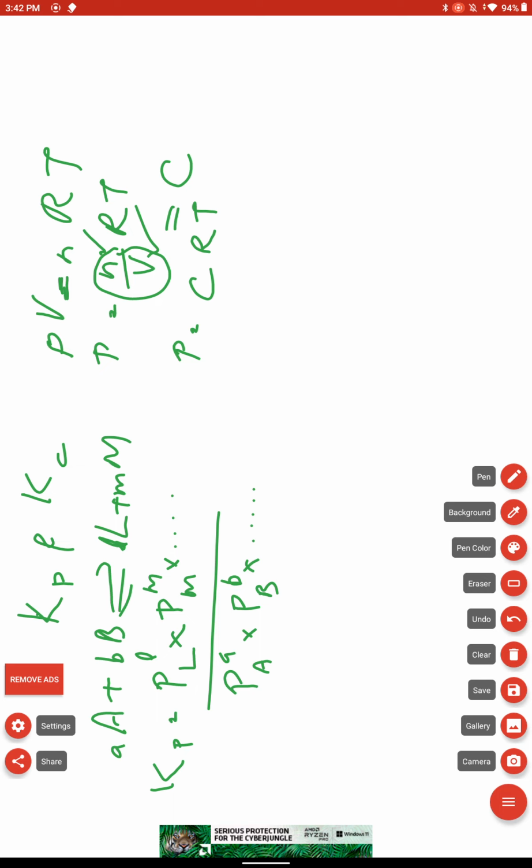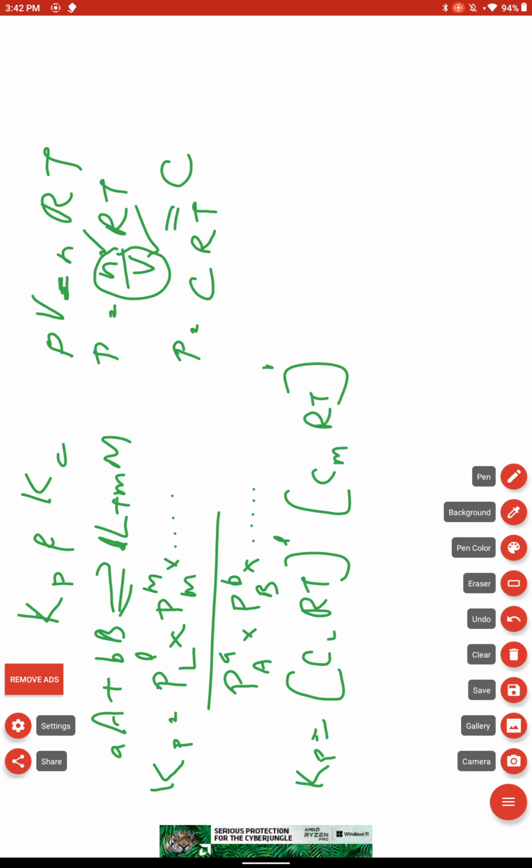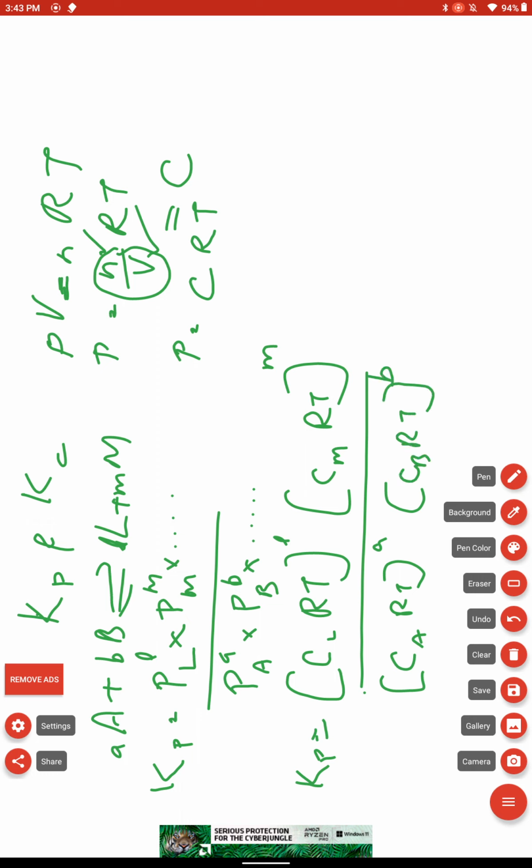CRT. എഴുതുകയാണെങ്കിൽ we can write Kp is equal to [CLRT to the power small l, CMRT to the power small m] divided by [CART to the power A and CBRT to the power B]. അല്ലേ? അപ്പോൾ ഇതിനകത്ത് കോമൺ ടൈംസ് ഒക്കെ എടുക്കുമ്പോൾ എന്ത് പറ്റും? CL into CM divided by CA into CB.